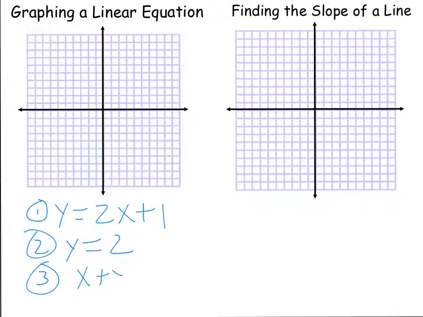But one thing I do want to show you here is if you really know your stuff with lines, I can forego the process of making a table. I don't really need to do it. For example, on line number 1, it's in slope-intercept form, and I see its y-intercept is 1.